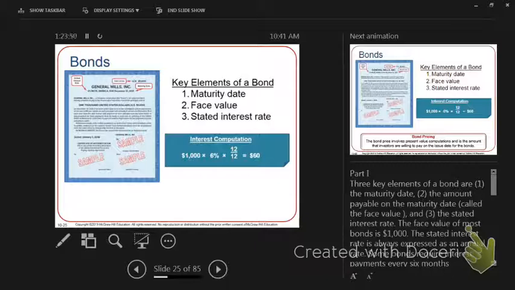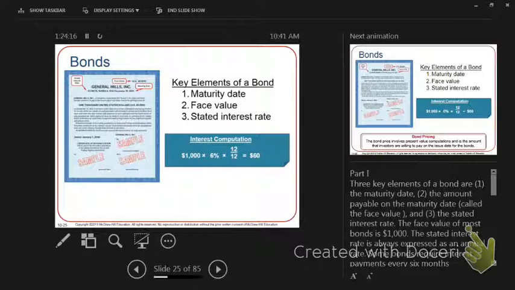For 10 years, 6,000, 60,000. Yes. That's a really good interest rate. $60,000. Now in this example, it was only a $1,000 bond, so they're getting $60. It's bond interest. 100,000 times the interest rate.